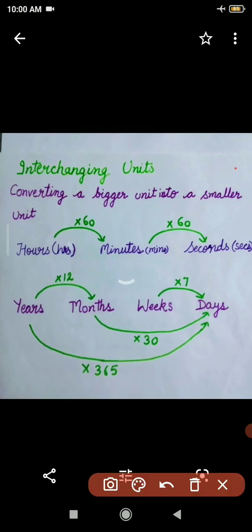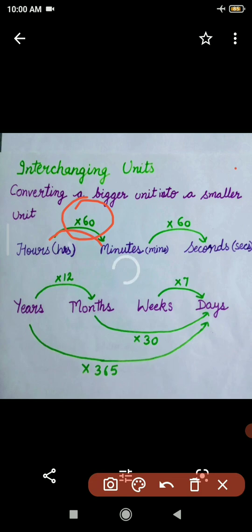Students, this is how we convert a bigger unit into a smaller unit. When we convert a bigger unit into a smaller unit, then we multiply. It means if we want to convert hours into minutes, then we multiply by 60.